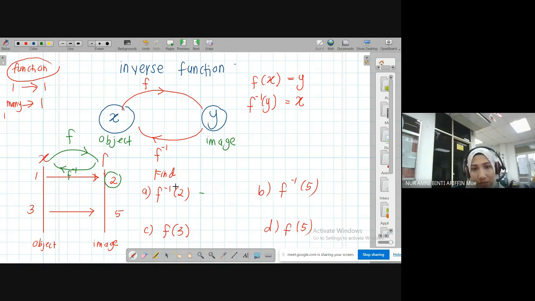So f inverse 2 is 1. F inverse 5, the answer is 3. F3, the answer is 5. F1, the answer is 2. If the question give you the diagram, you can refer the diagram to find the answer. Boleh refer kepada diagram tu untuk cari jawapan.